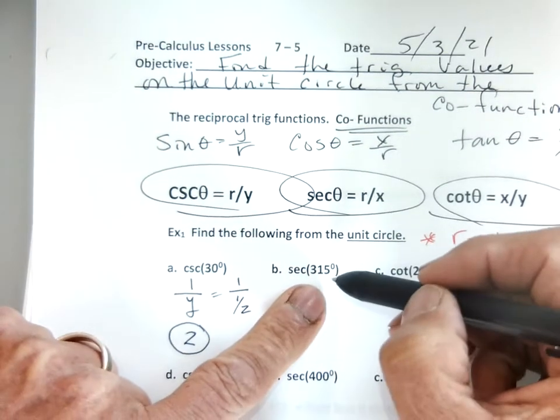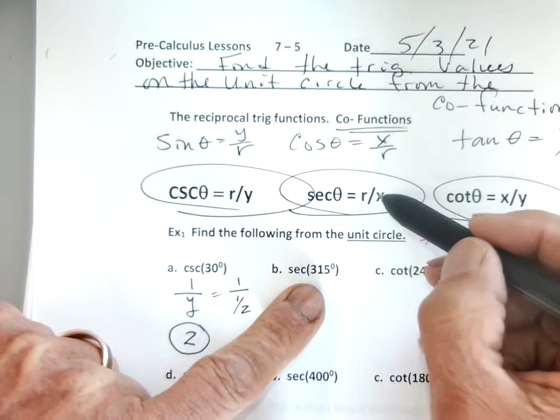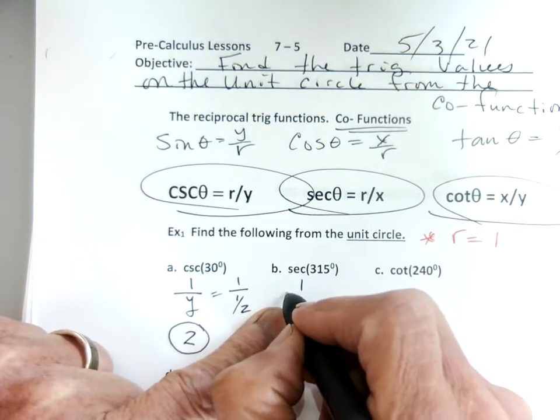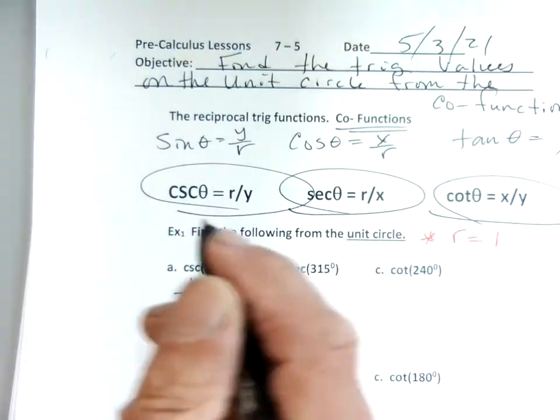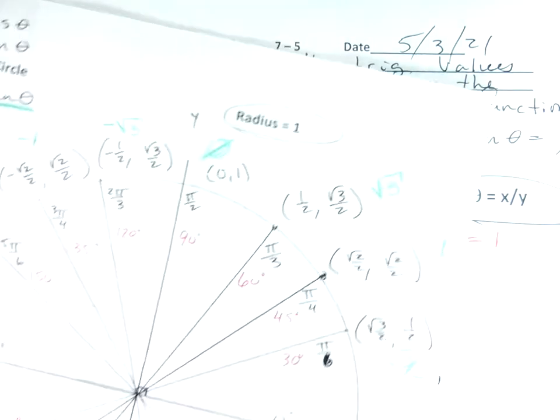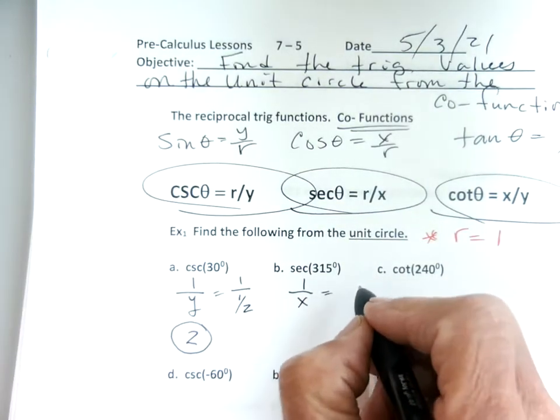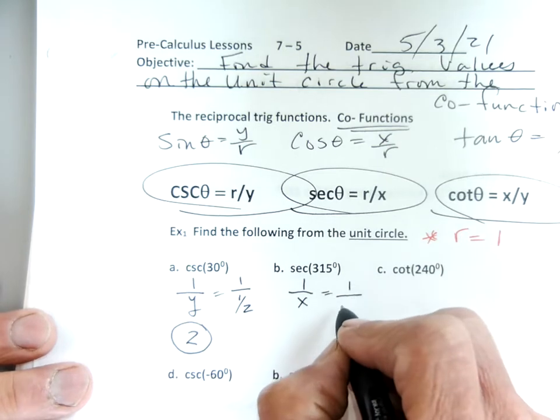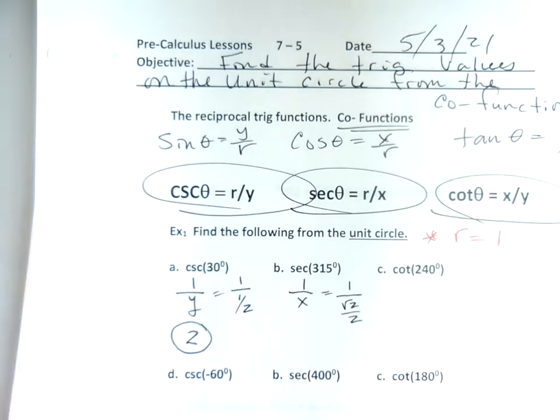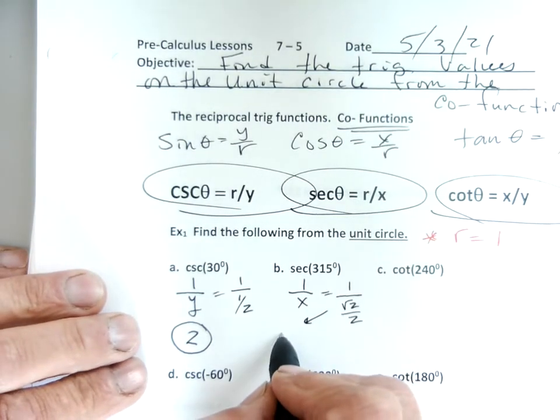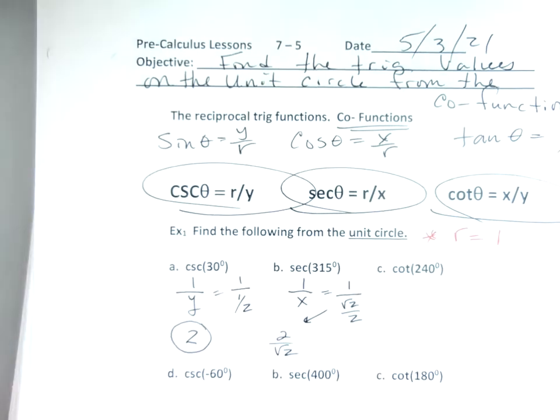Secant. Secant is r over x, but the radius on the unit circle is 1, so it's really 1 over the x value. So let's go to 315, and the x value is square root of 2 over 2. So I'm going to have 1 over the square root of 2 over 2. Well, that's really an ugly answer. I can fix that answer, flip it up, and make it 2 over the square root of 2.